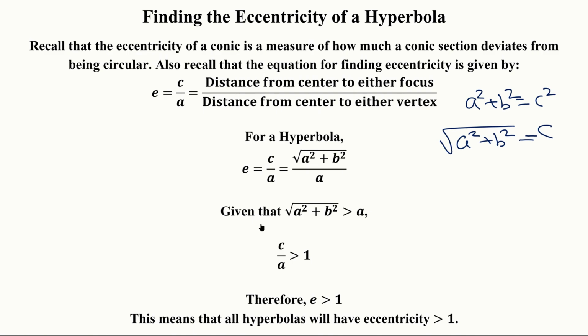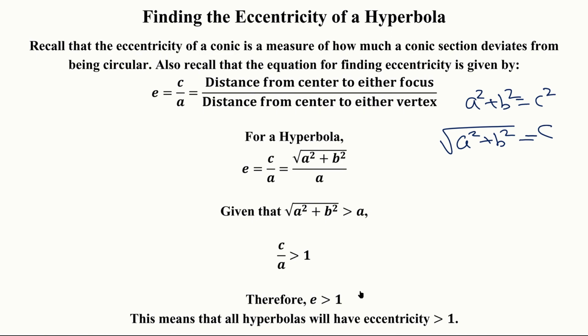Clearly this square root is going to be more than a, because the square root of a squared itself is a, so here you're adding some positive number to that, so that's definitely going to be greater than a. So c over a is going to be some number larger than a divided by a, which is going to be greater than 1, right? So therefore, e is going to be greater than 1 for all hyperbolas.